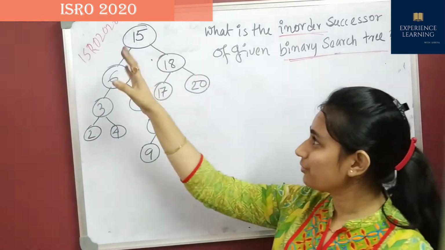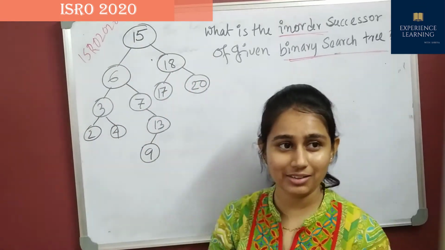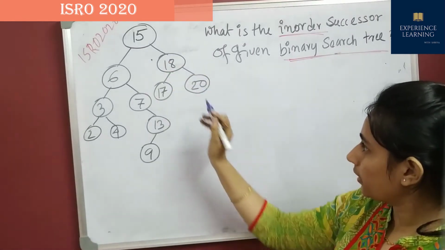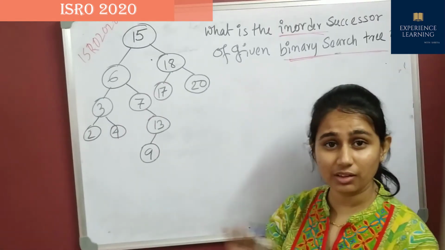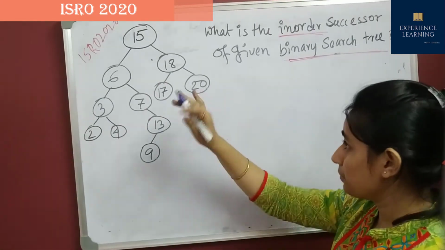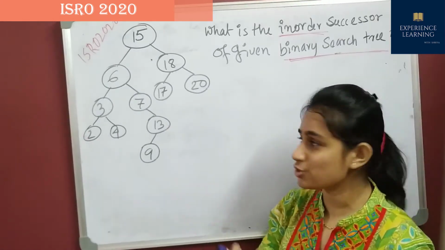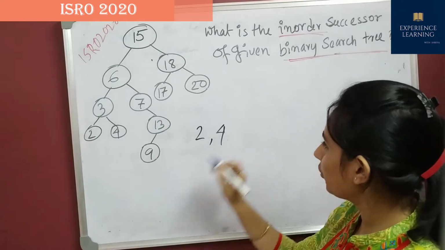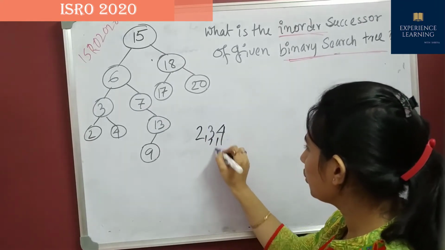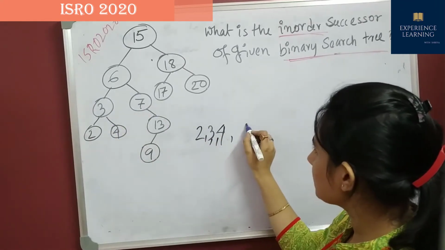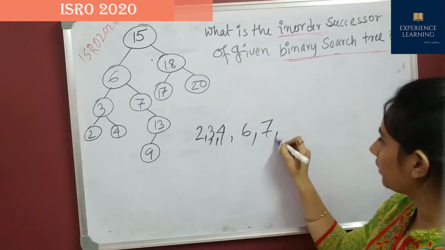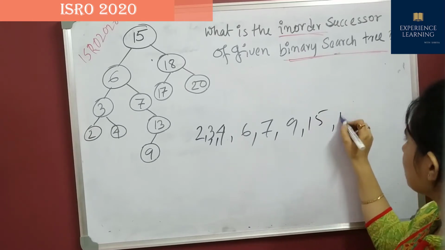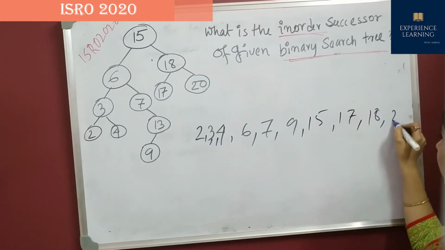So here, if you just write it in ascending order, then the tree will be, I'm not doing the in-order traversal of it, I'm just directly writing it. You can check it also. Here 2, 3, 4, then 6, then 7, then 9, then 13, then 15, then 17, then 18, then 20.